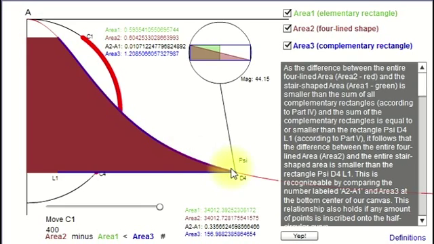And it is actually the same area as the line down here.